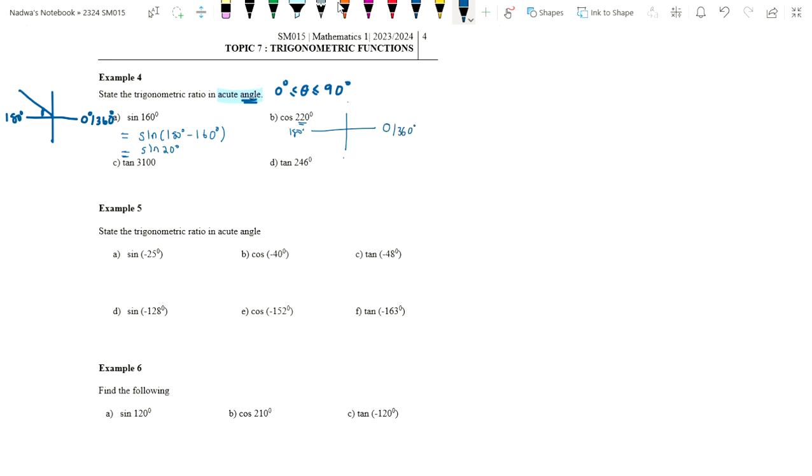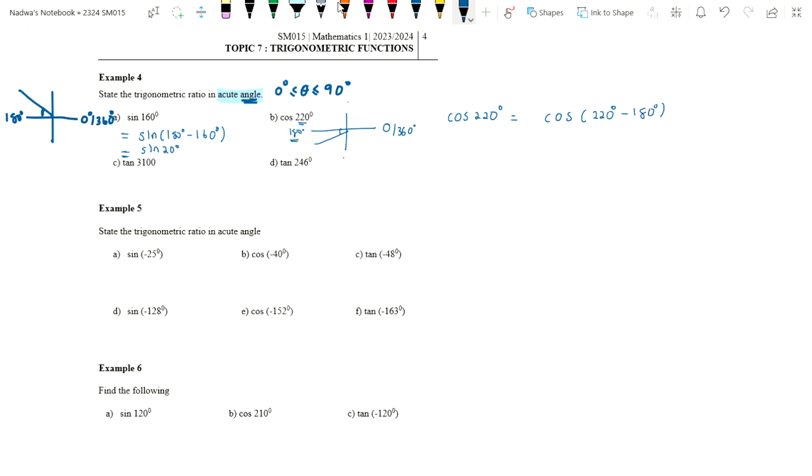So it lies in the third quadrant. So cos 220 degree is equal to cos 220 degree minus 180. Remember, if it is in the second and the third quadrant, it's always referred to 180 degree.